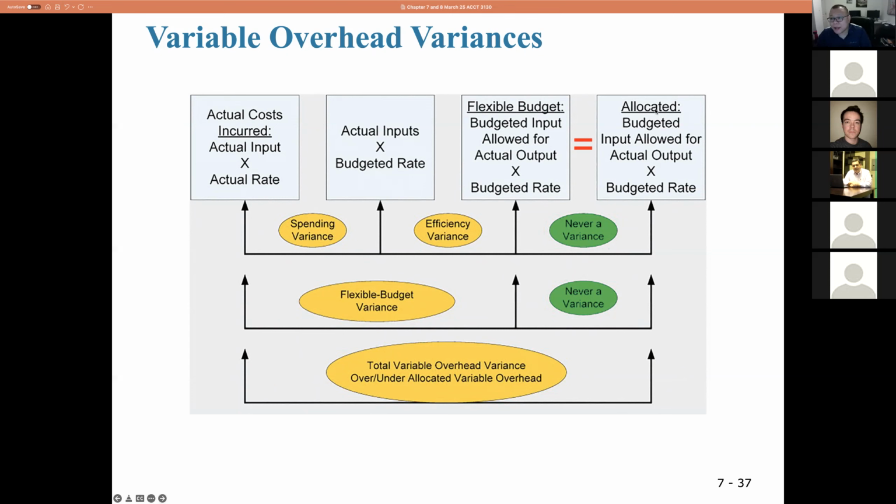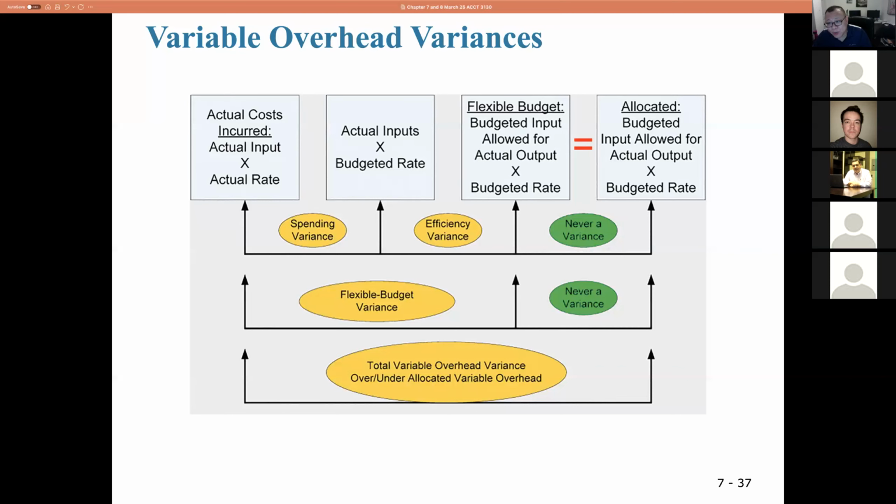And often the case is that this allocation is different from the actual. So then you compare this one, the left, to the far right. When you compare these two, the difference is the total variable overhead variance. You can either over apply it or under apply it.